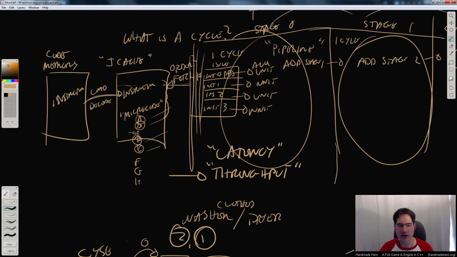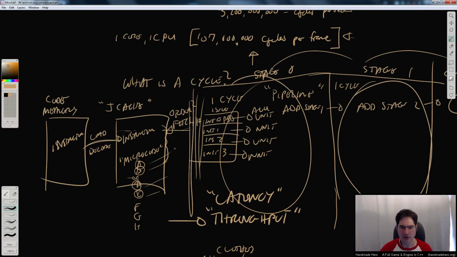So when we look up how long it takes to do an add, we're looking at the throughput for an add, not the latency, because we're going to assume that we're always operating on a lot of things at once. Sometimes that won't be true, but that's our goal anyway. Okay, so hopefully you understand that.